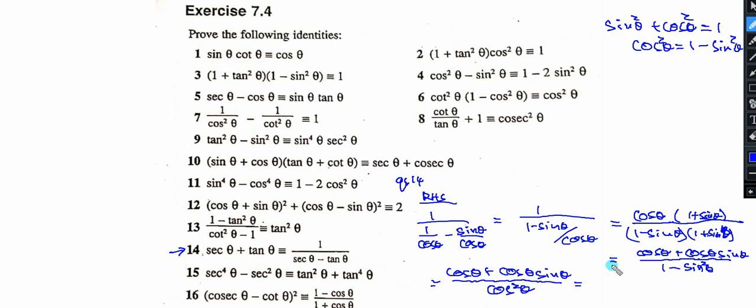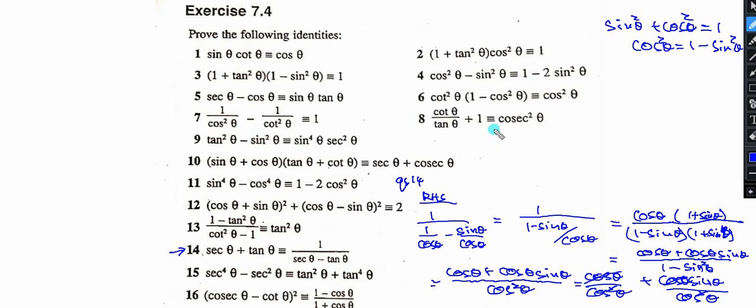Split the term into two fractions, cosine theta over cosine square theta plus cosine theta sine theta over cosine square theta. This one cancels off one of the cosines. This also cancels off.